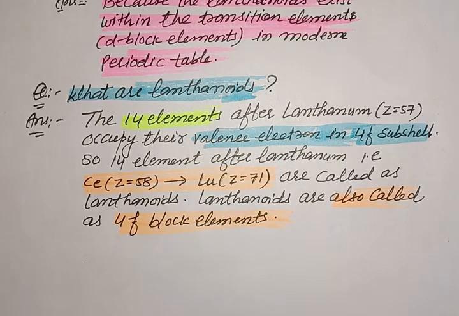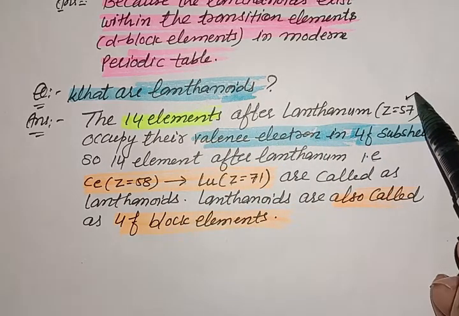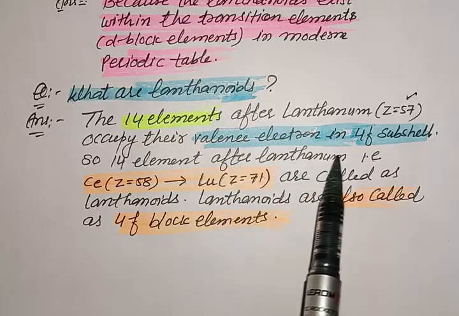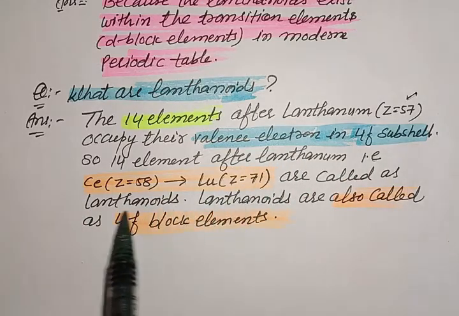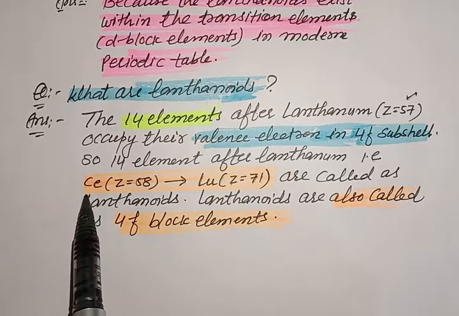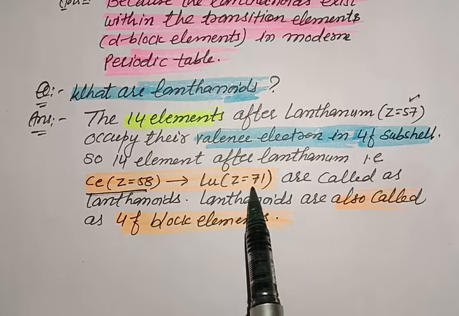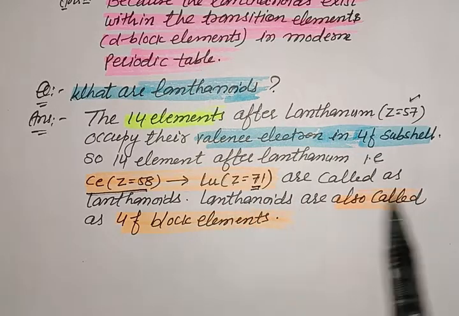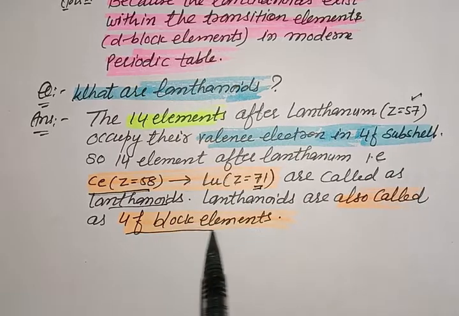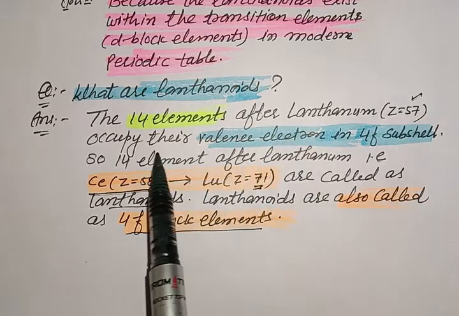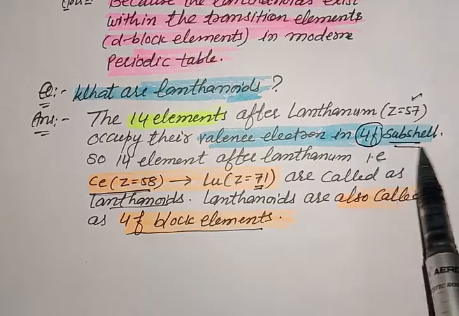So what are the lanthanoids? The 14 elements after lanthanum of atomic number 57 occupy their valence electrons in the 4f subshell. So after lanthanum, these 14 elements, from cerium of atomic number 58 to lutetium of atomic number 71, are called lanthanoids. Lanthanoids are also called 4f block elements because during electronic configuration, their valence electrons occupy the 4f subshell.